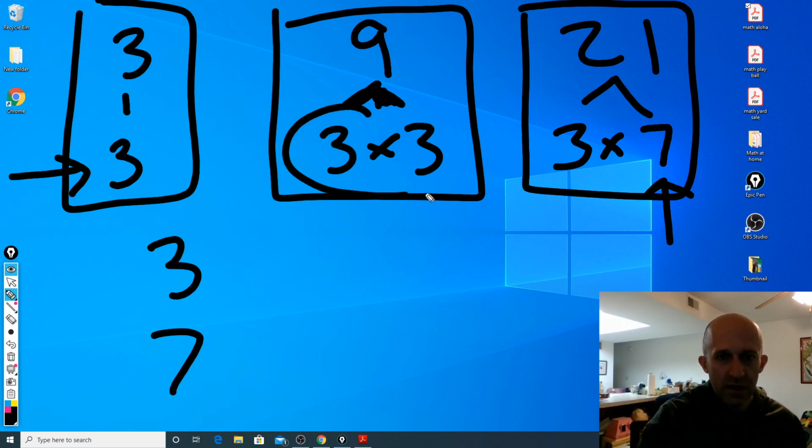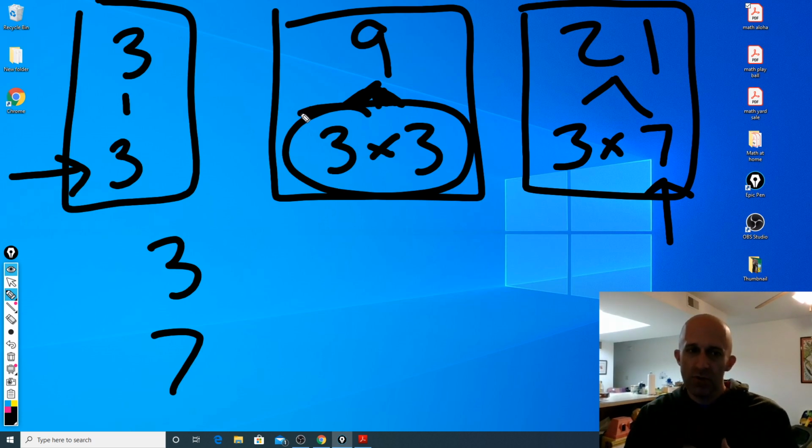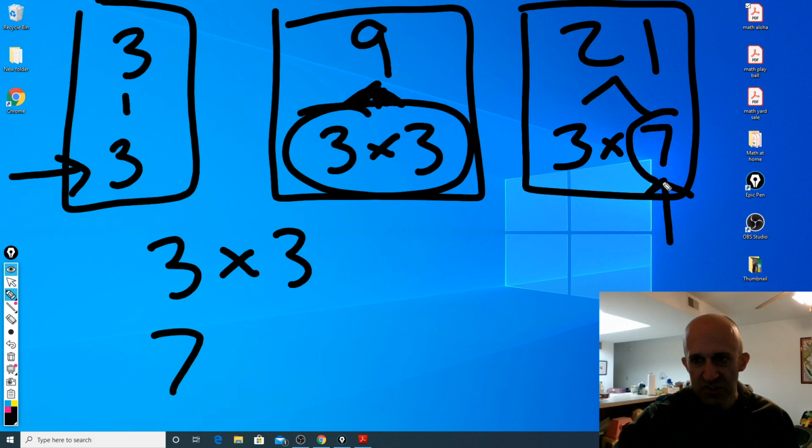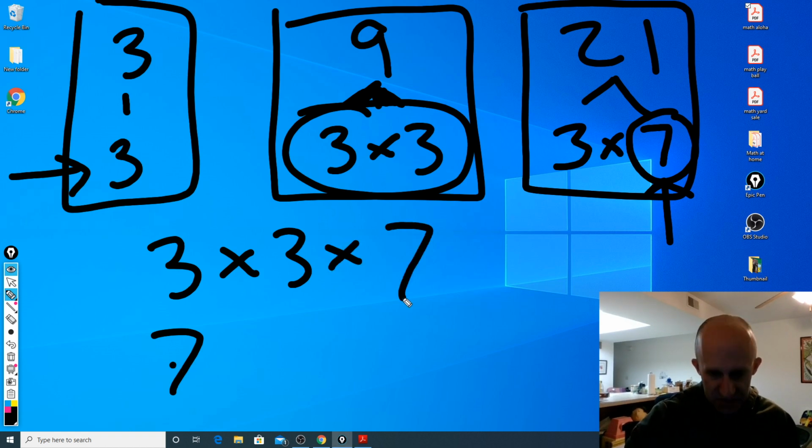You see 3 occur twice. So our least common multiple is going to be 3 times 3. The greatest number of times we see 7 is once. So 3 times 3 times 7.